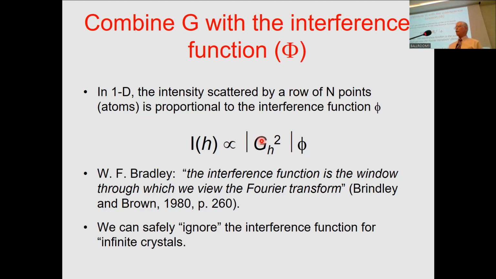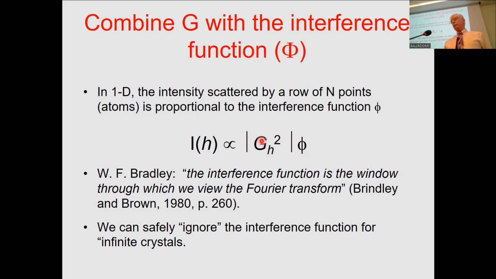And there's a wonderful quote in one of Dr. Brindley's books by W.F. Bradley, a renowned clay mineralogist of the mid-20th century. He said, the interference function is the window through which we view the Fourier transform, through which we get to view G. Remember that, it's a very insightful comment, and it will bring home to you that you need to worry about peak breadth.